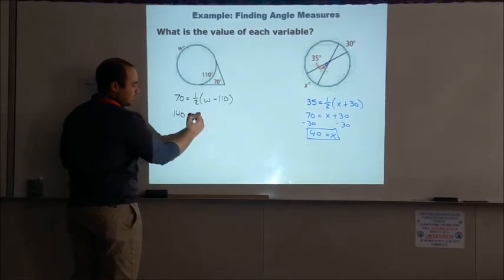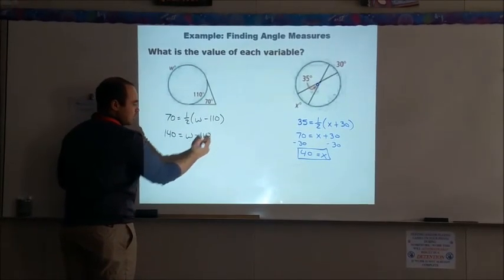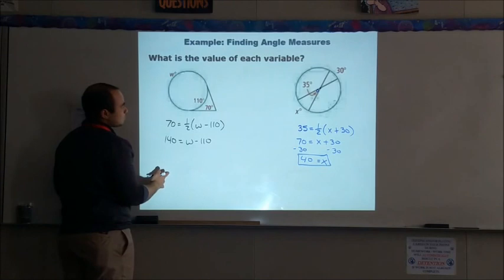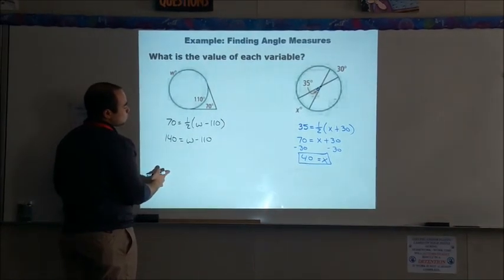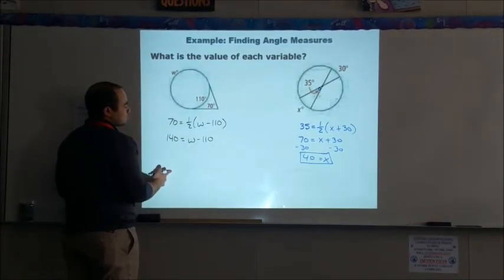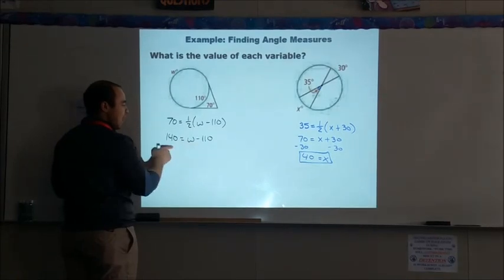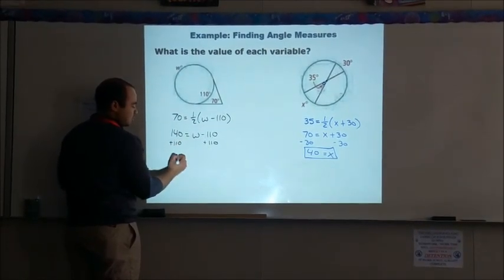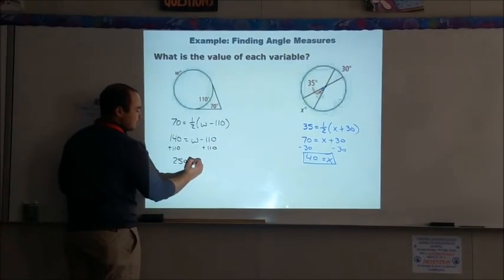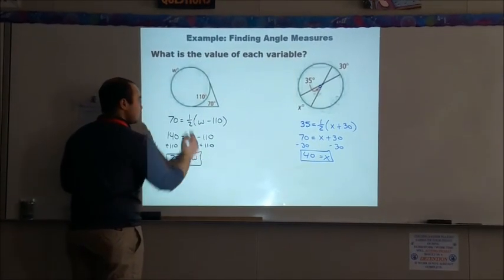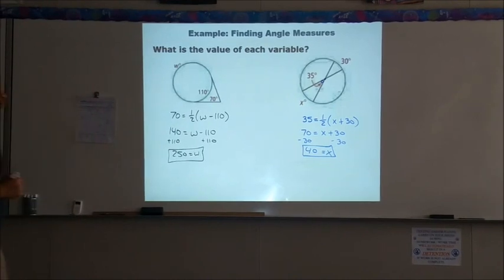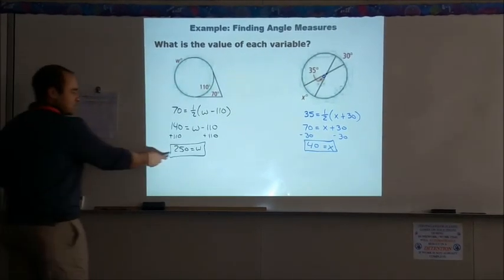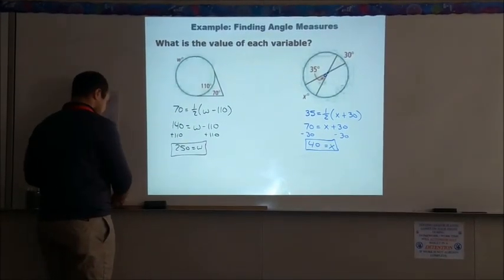You get 140 equals w minus 110. So in this case, you're going to add over the 110 to cancel out the 110, and you get w to equal 250. So if you don't recognize the circle is 360 and you set it up, you'll still get the same answer we got the first time.